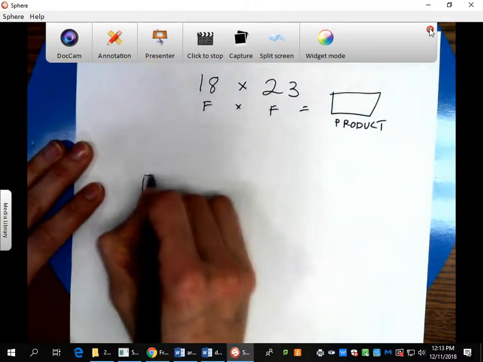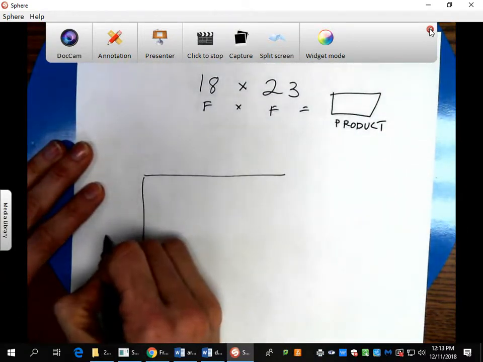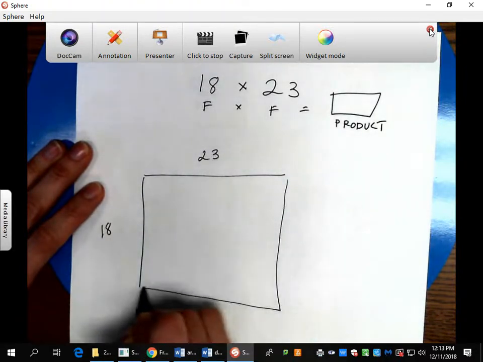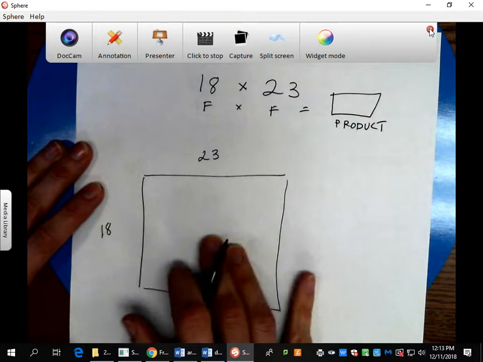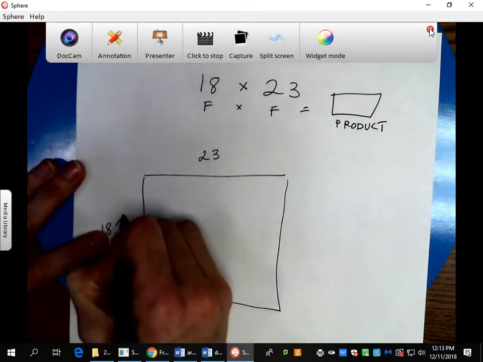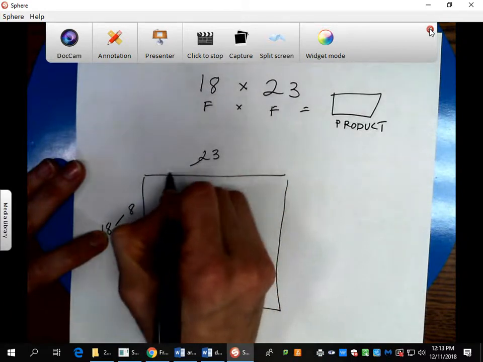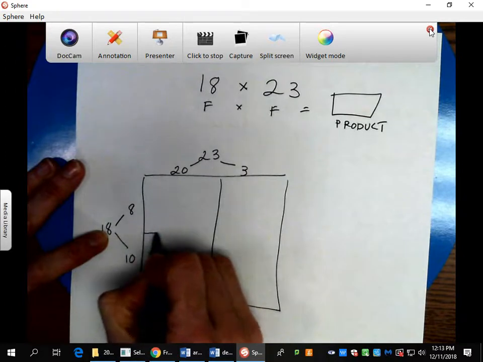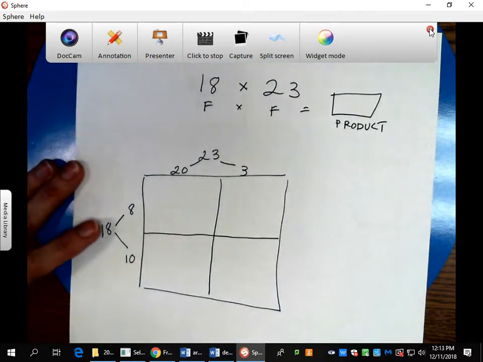And we put our factors on the outside, so we did 18 times 23, and the whole inside would be our product, whatever we would get. So we would say, oh, well, 18 is kind of difficult, so do 10 and 8. 23 is kind of difficult, so do 20 and 3. And we use this to make it actually easy to solve.